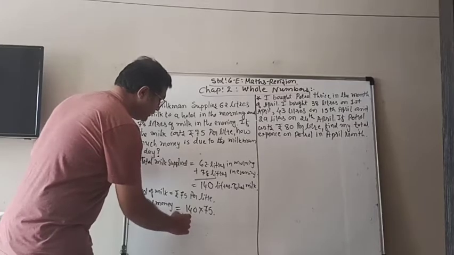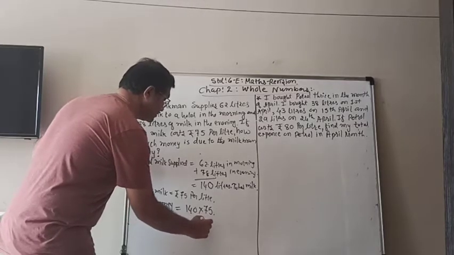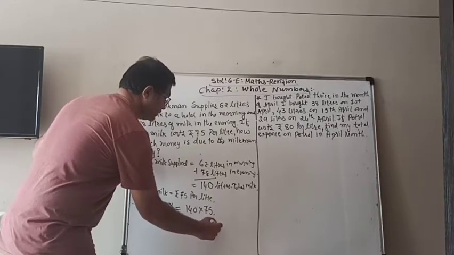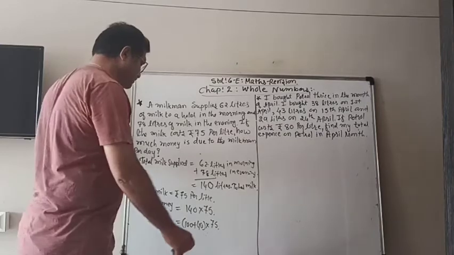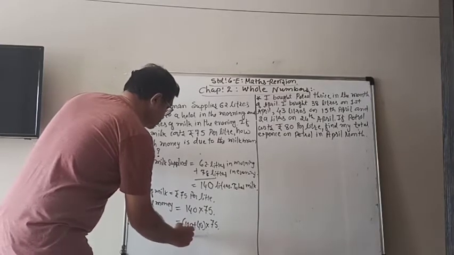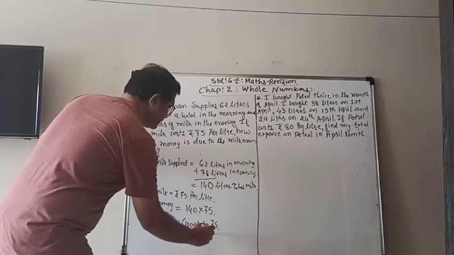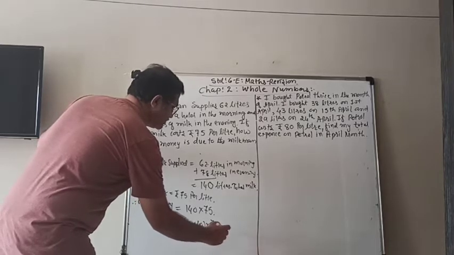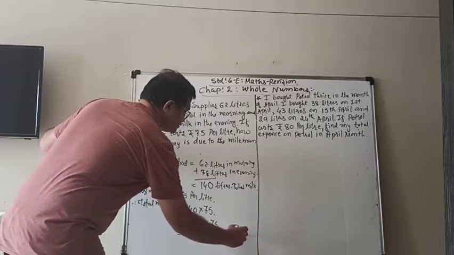Here 140 you can write as 100 plus 40. So now we can use the distributive property. So it is equal to 100 multiplied by 75 plus 40 multiplied by 75. That is the distributivity.